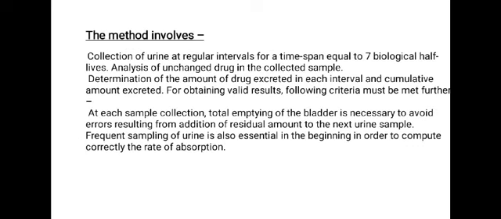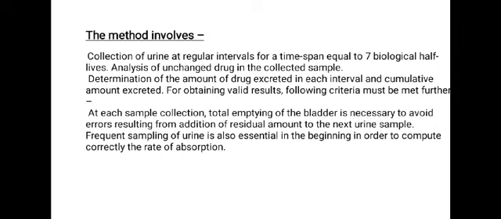This method involves collection of urine at regular intervals for a time span equal to 7 biological half-lives, analysis of unchanged drug in the collected sample, and determination of the amount of drug excreted in each interval and the cumulative amount excreted. For obtaining valid results, the following criteria must be met.